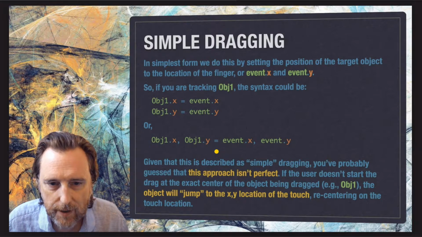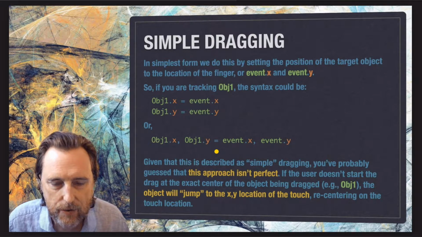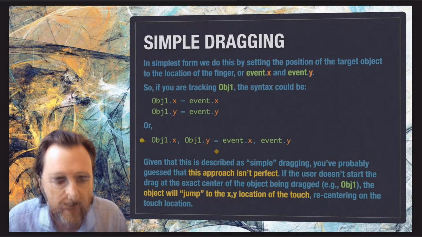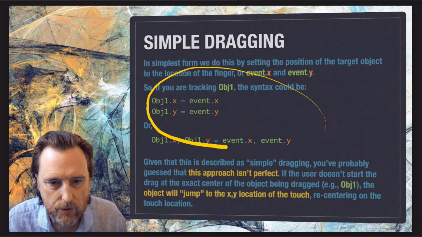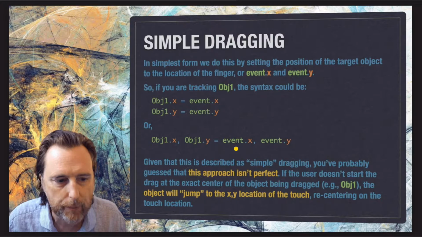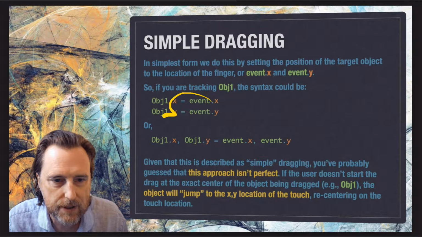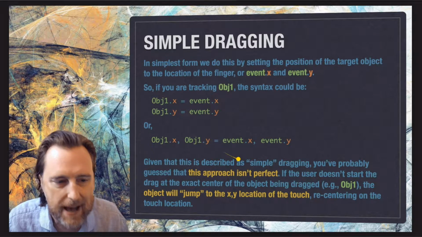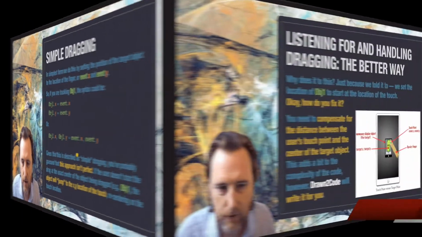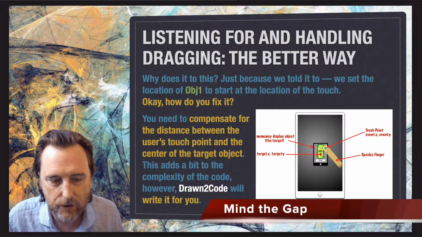So the issue is that it isn't a great solution. It does work, but if there's a gap between where the user puts their finger down, say on the display object, and the center of the display object, then when you first start to move it, the object will jump to the location of the finger, because that's what we're telling it to do. We're saying set the location of the object to the location of the finger. So if there's a gap between the center of the object and the location where the user starts the drag, you'll get this jump.